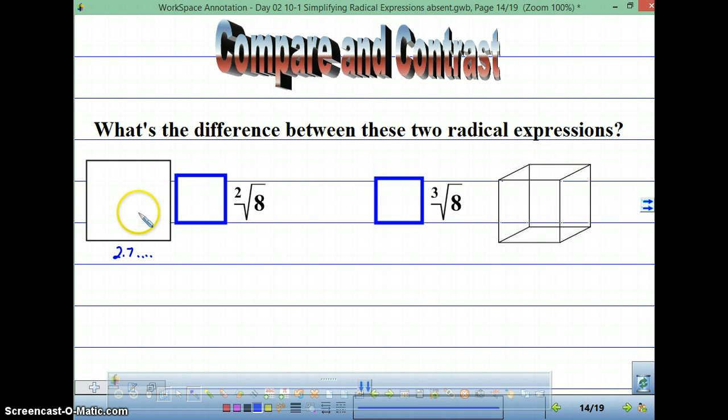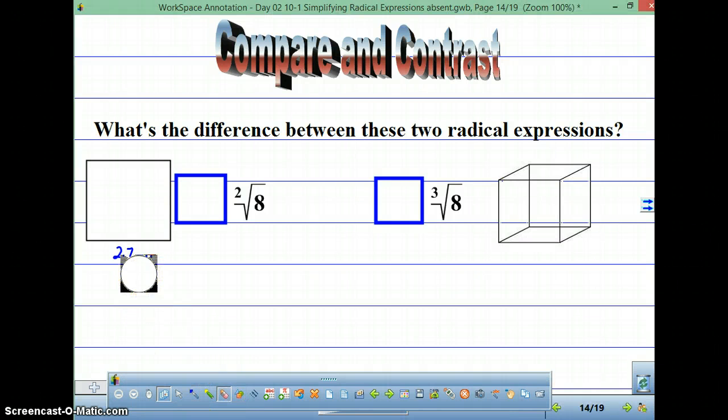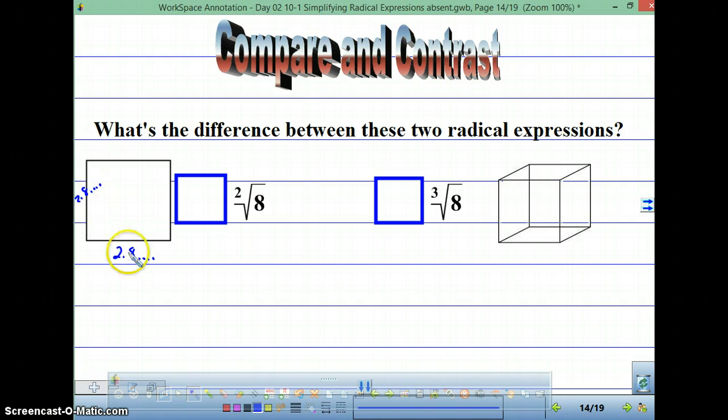Let me double check. Sorry, it's 2.8. No, I got it wrong. It's 2.8 going on forever. It's got a whole bunch of different numbers, 2.8 going on forever, right? Over here, we call this the cube root.